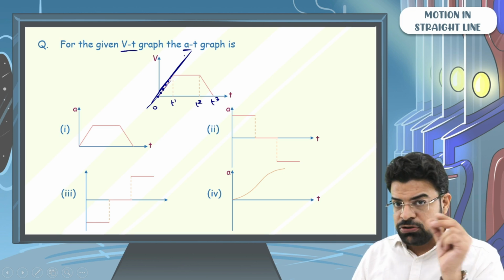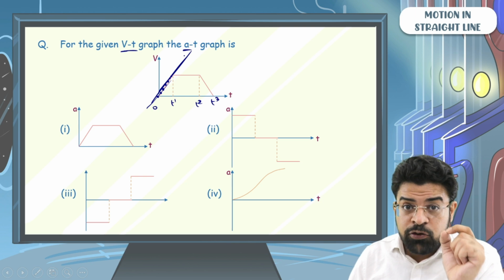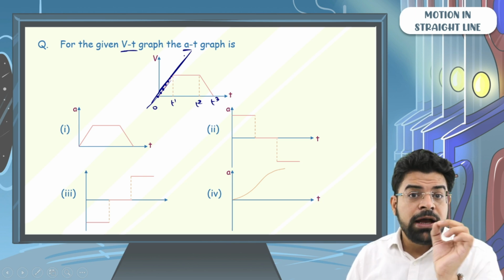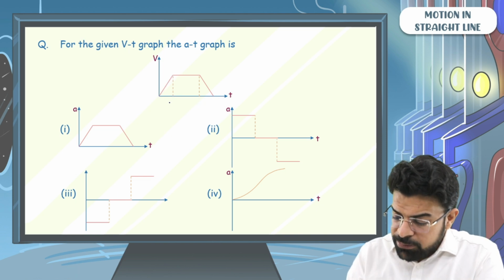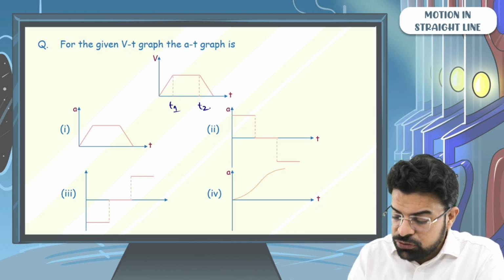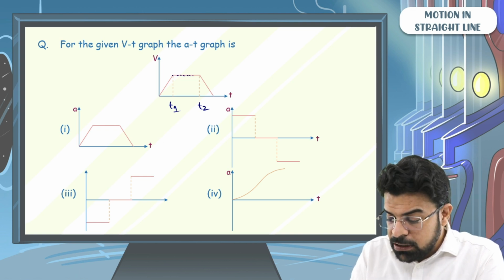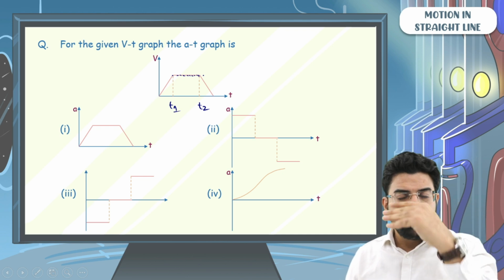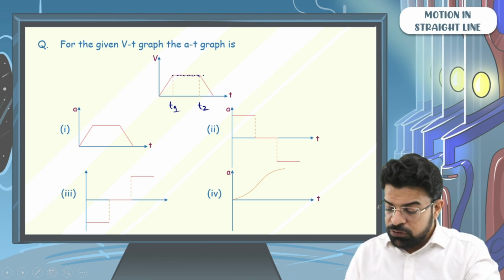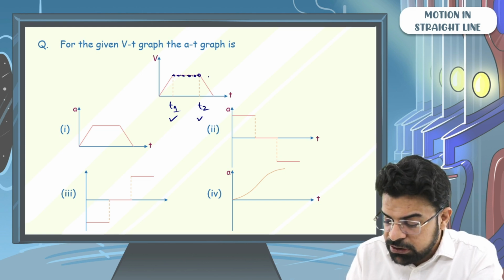So acceleration won't change with time. From time equals t1 till time equals t2, the velocity of the particle does not change with time. If the velocity does not change with time, what is the acceleration? 0. So from t1 till t2, the acceleration of the particle is 0.